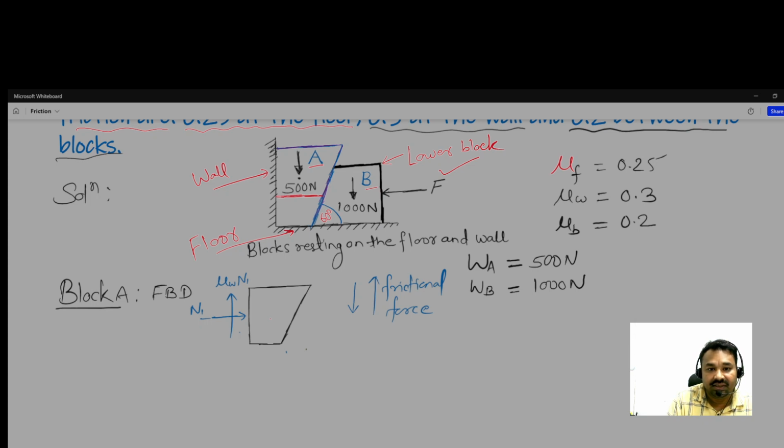And what about here? You can say there is air. And what about this side? It will be perpendicular, due to friction between the blocks. There is also friction, and it will act obviously perpendicular.